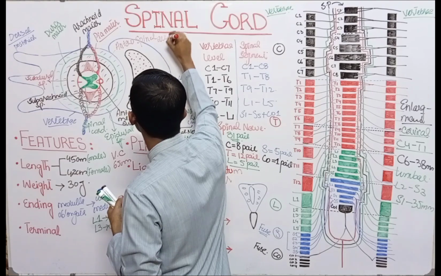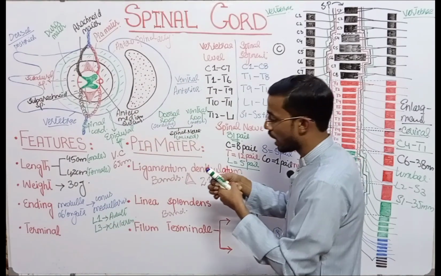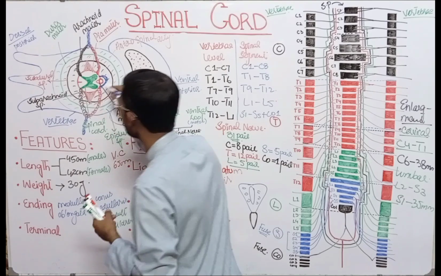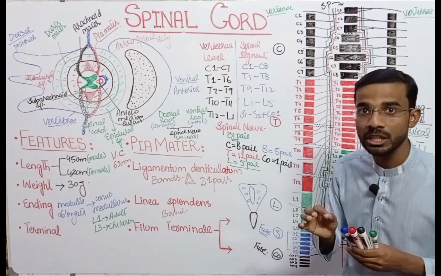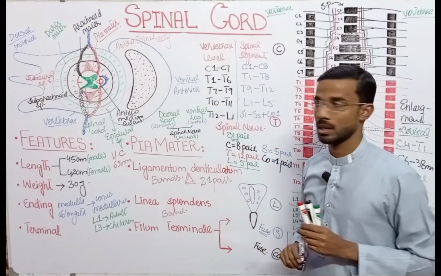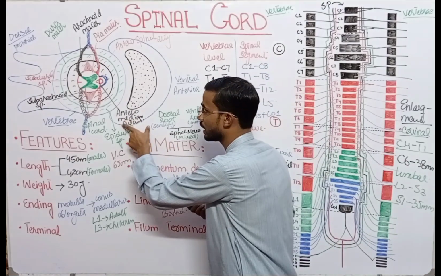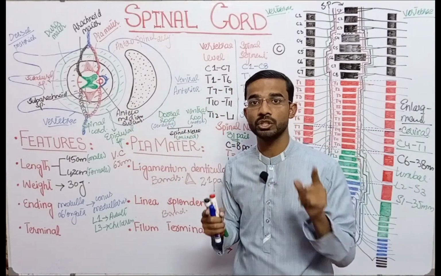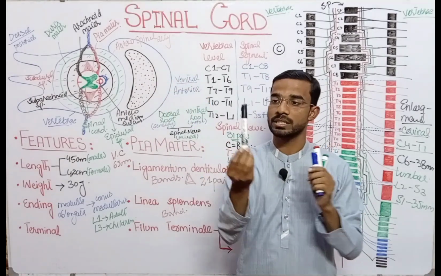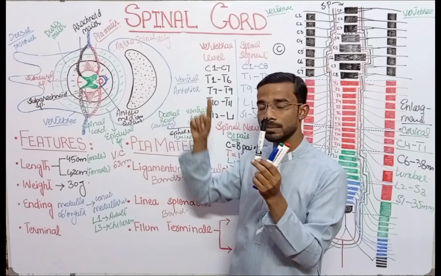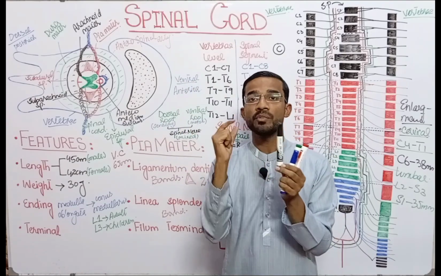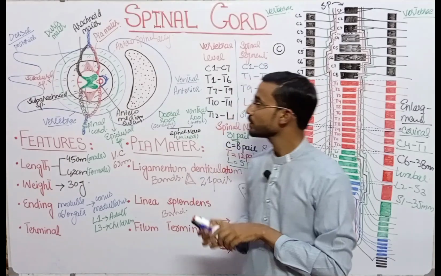Around the artery you will see the linea splendens, which actually supports the anterior spinal artery. So in the anteromedian sulcus you will see the anterior spinal artery, and this is surrounded by the linea splendens, which supports the artery.